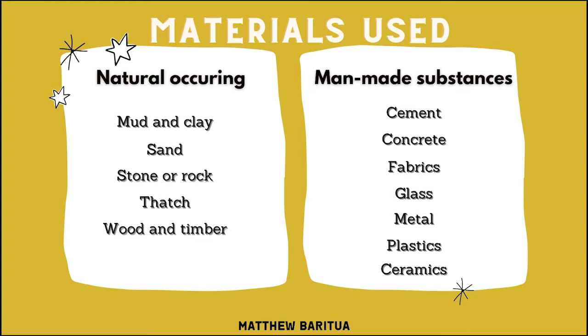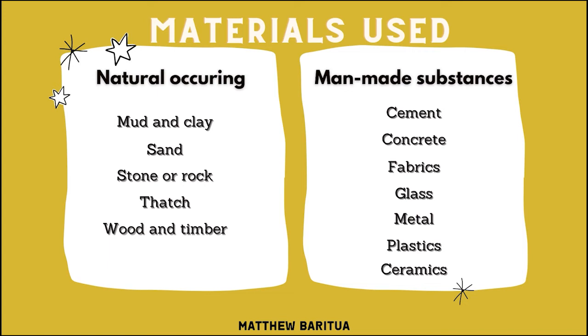We also have fabrics. It is a material made through weaving, knitting, spreading, felting, stitching, crocheting, or bonding. Tents are common structures that utilize this material. And glass. Glass is generally made from mixtures of sand and silicates. We also have metals.